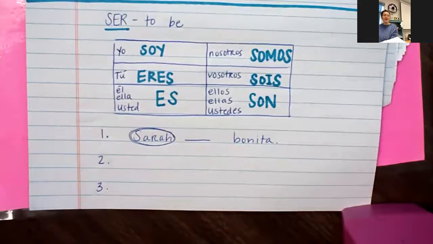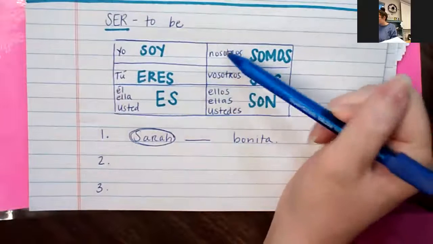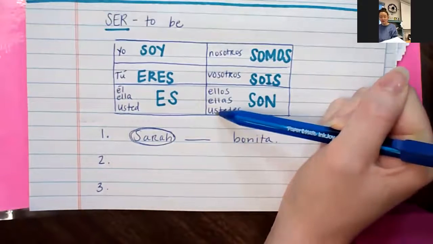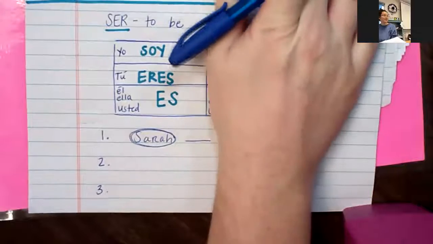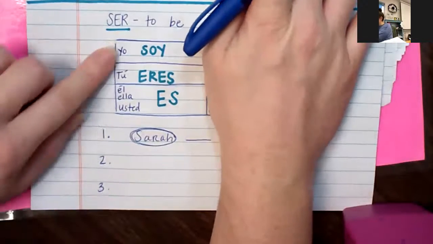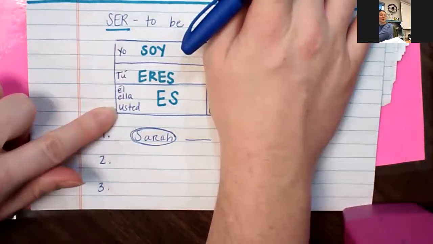So what we are going to do now is pick which subject pronoun we could use to replace Sarah. So we know it's singular. Sarah is one person. So it has to be either yo, tú, él, ella, usted. One of those.